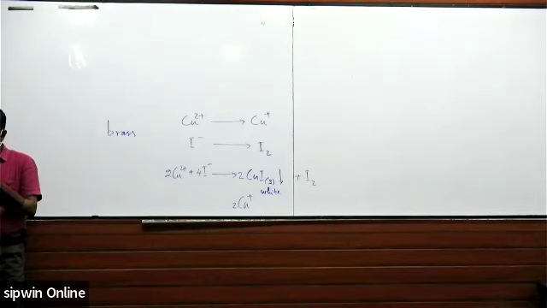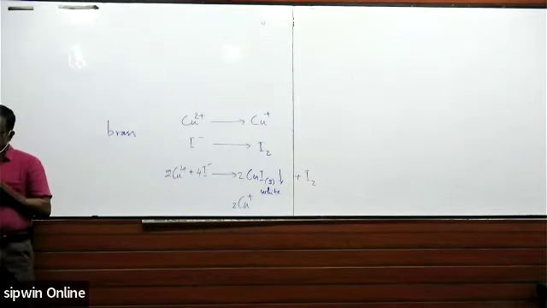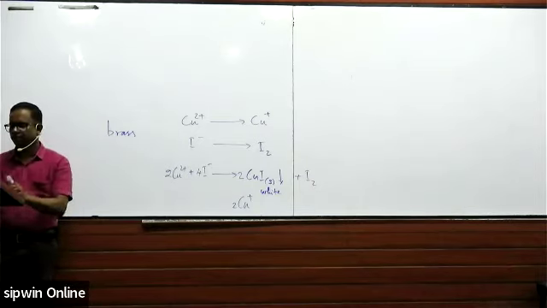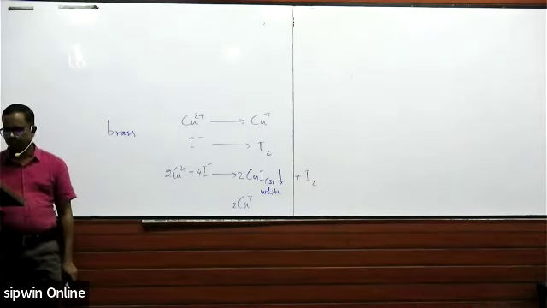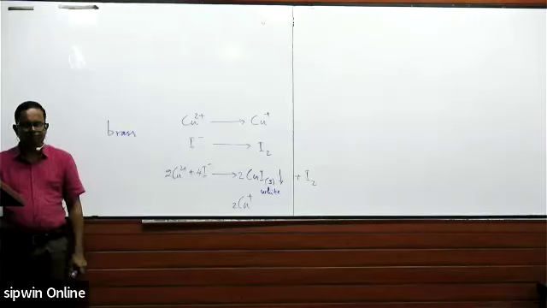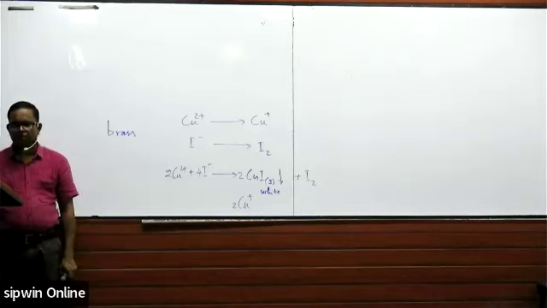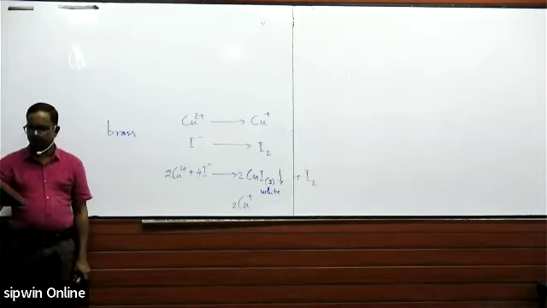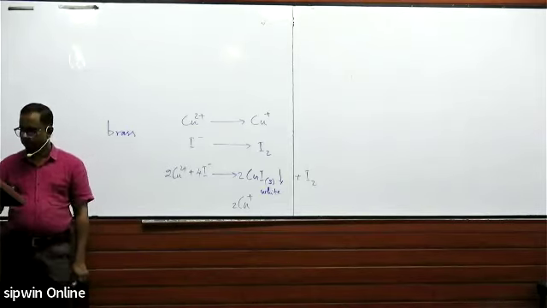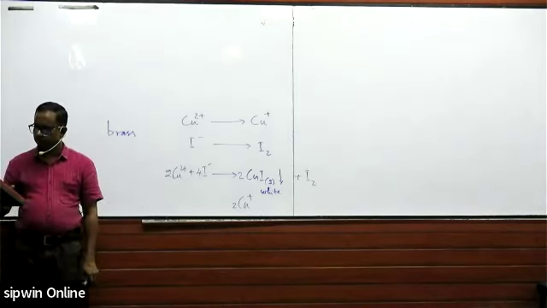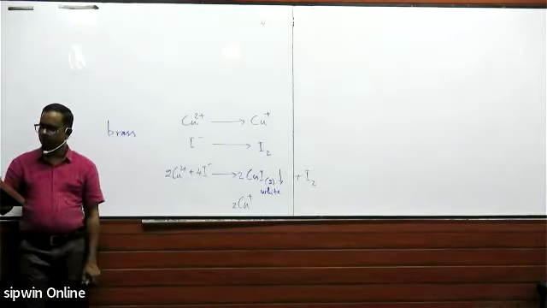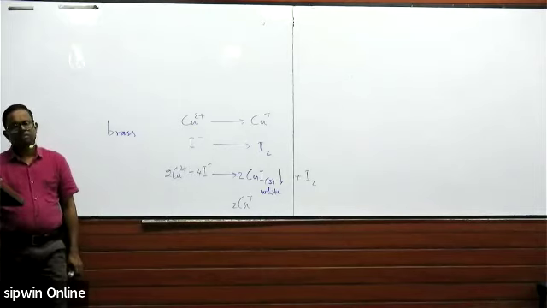Experiment 1: 25 cubic centimeters of aqueous KIO3 solution is taken into a titration flask.